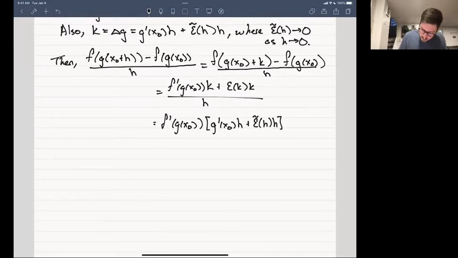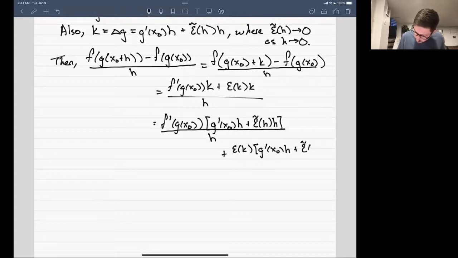And then this is all over h. I'm going to distribute this over a sum, mostly because I've sort of run out of room going to the right. So then this becomes plus epsilon of k, and then the same thing, epsilon tilde of h times h, all divided by h.